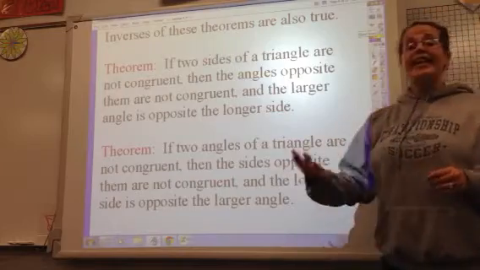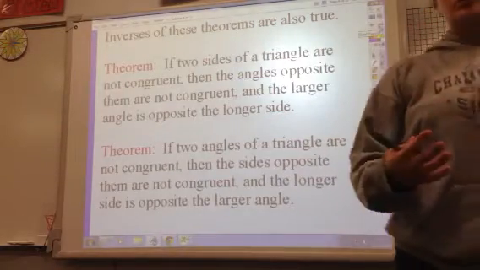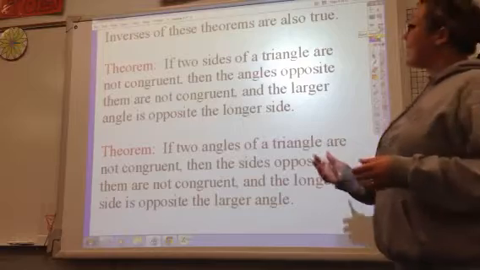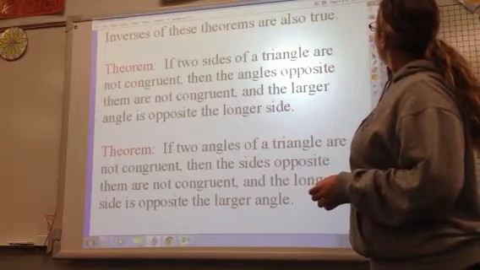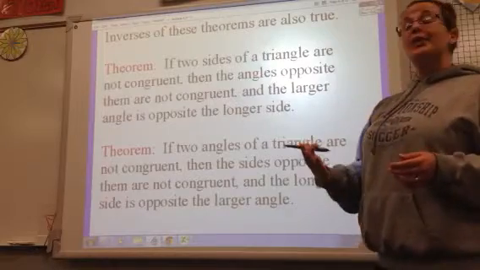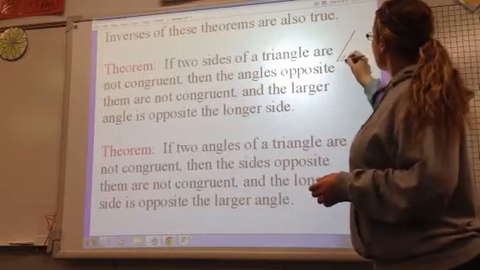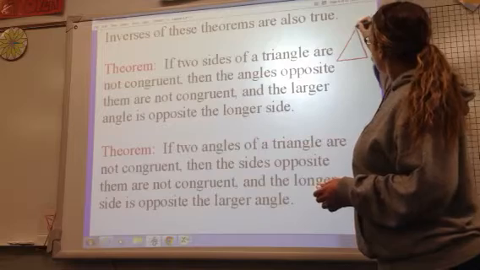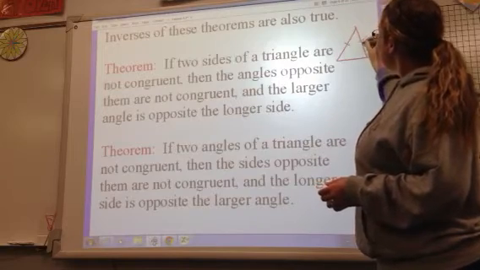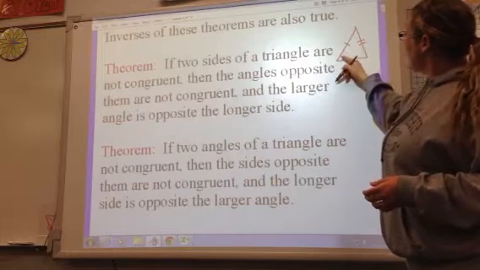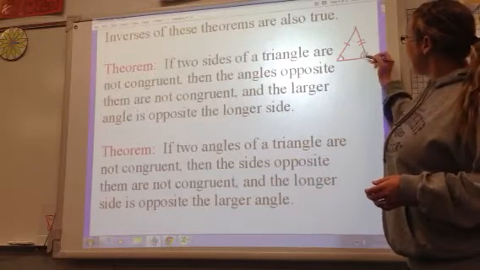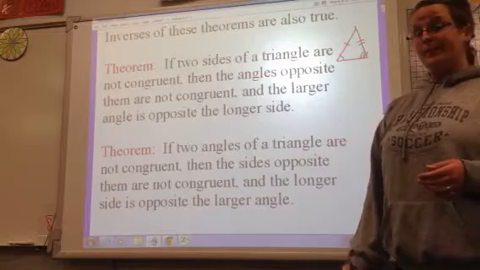All right, the inverses of these statements are also true. Remember, the inverse, that's where you add the nots. So if you have two sides of a triangle, and those sides are not congruent, so something that looks like this, and this side is not congruent to that side, then this angle is not congruent to that angle.